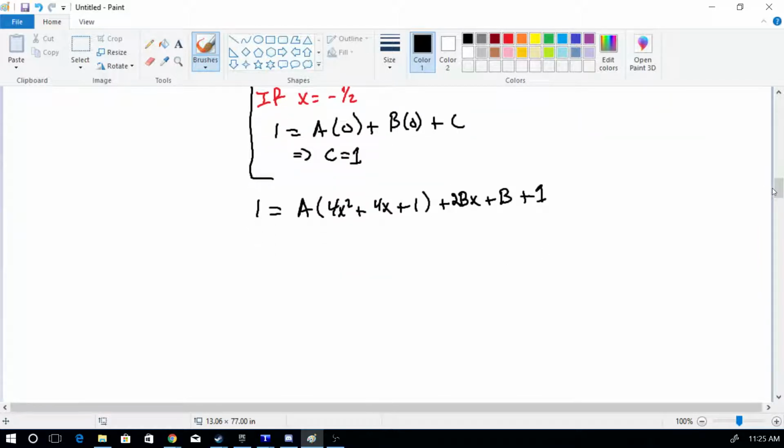So now we want to compare like terms. Let's go ahead and actually get rid of both of those 1s in the process. So 0 is going to equal 4Ax squared plus 4Ax plus A plus 2Bx plus B.